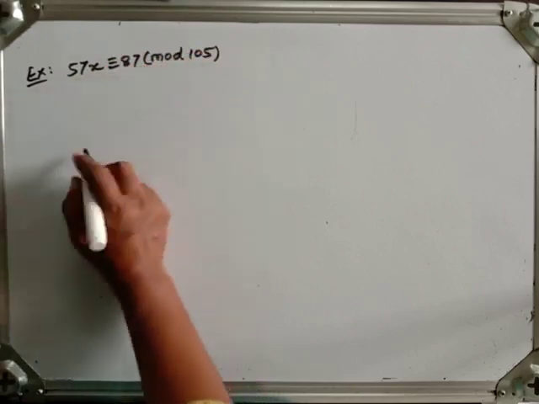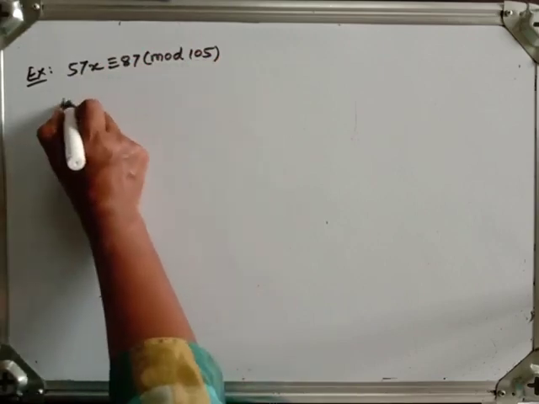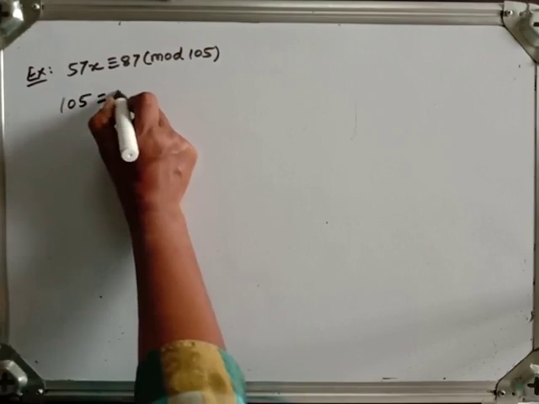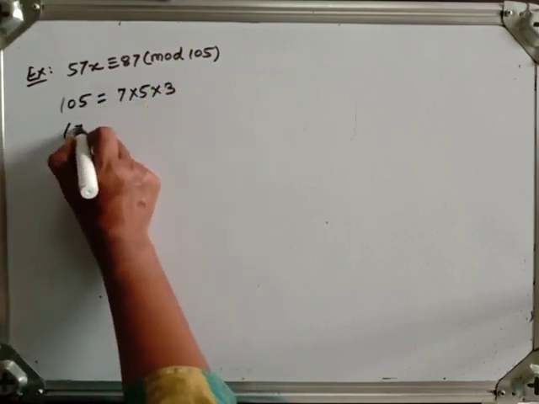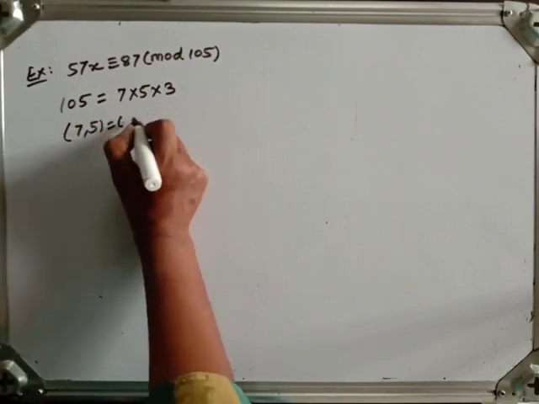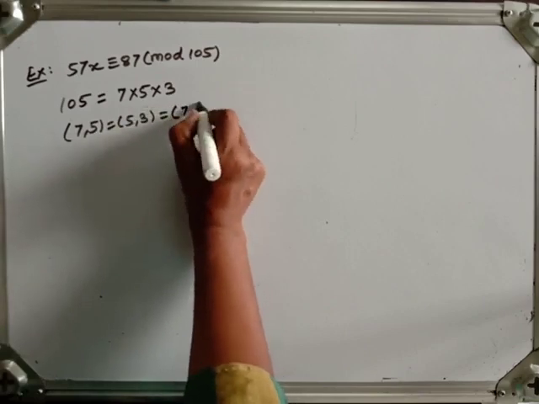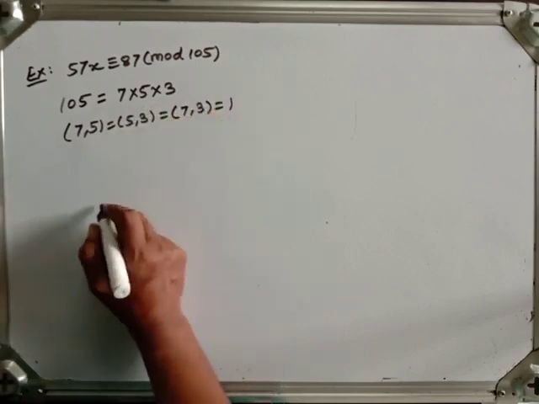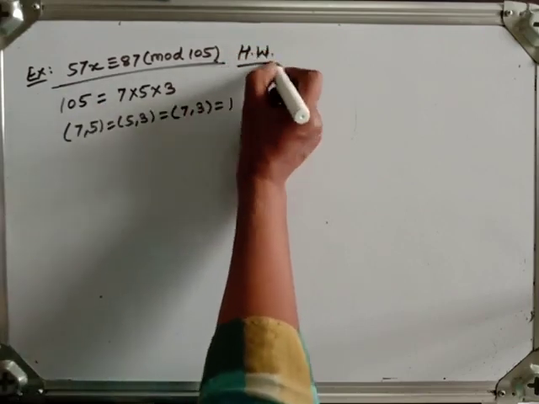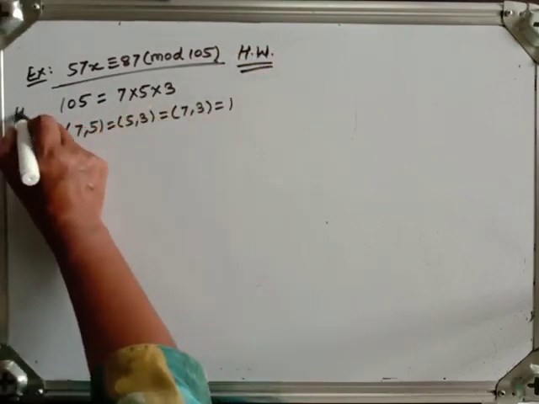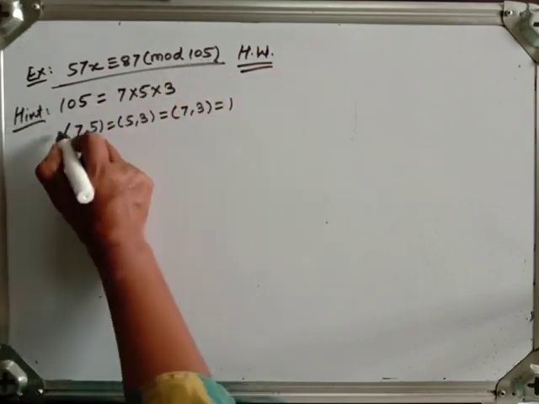105. So here, if you have to apply the Chinese remainder theorem, this 105 can be written as 7 into 5 into 3, and these 7, 5, 3 are relatively prime. You have to solve this. This is homework to you. And this is a hint. Here this 105 I had written as such.